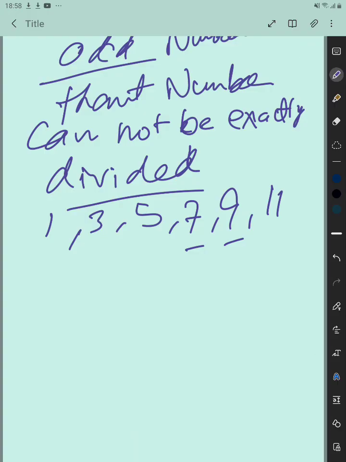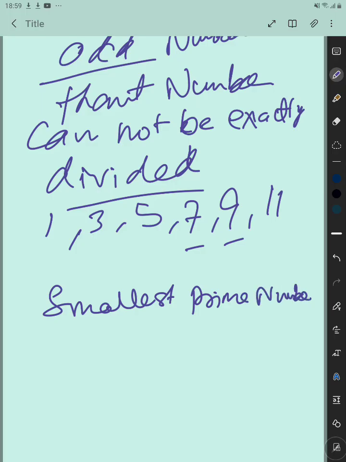A few things you need to remember, and if someone asks which is the smallest prime number: numbers start with 1, and as we know, 1 is not a prime number, so we don't consider 1 as a prime number.